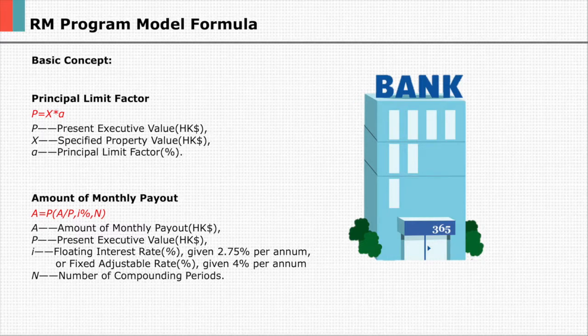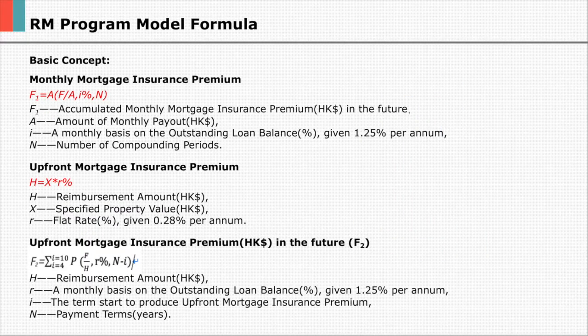The specified property value times the principal limit factor gives us the principal limit value. And you can take a look at how we calculate the amounts of the monthly payment, as well as the monthly mortgage insurance premium and the upfront mortgage insurance premium, including the upfront premium in the future as well.